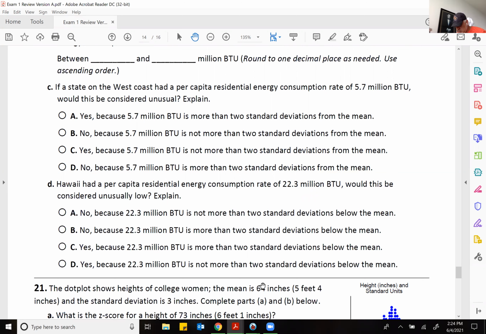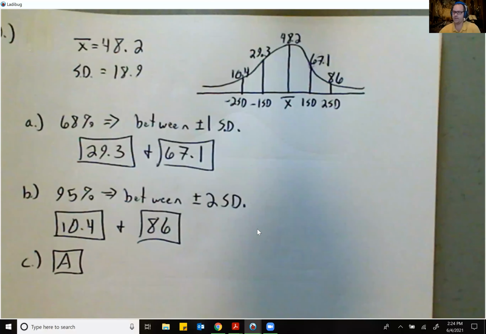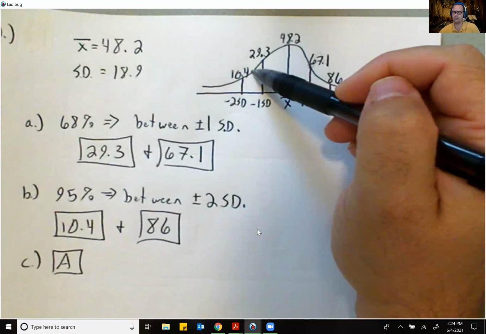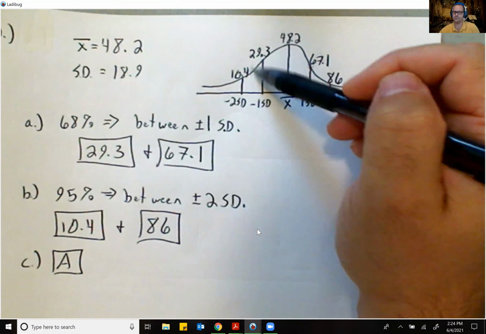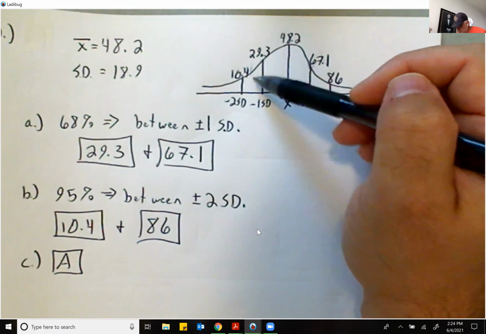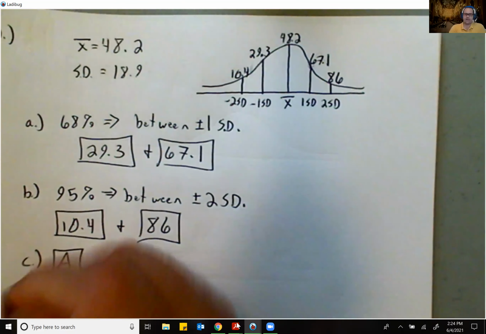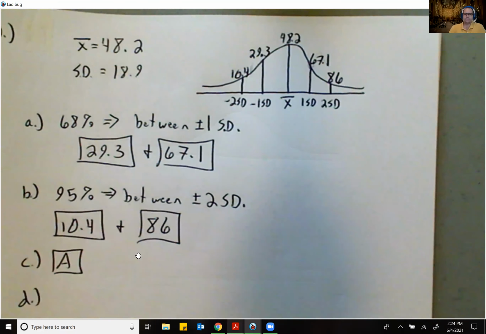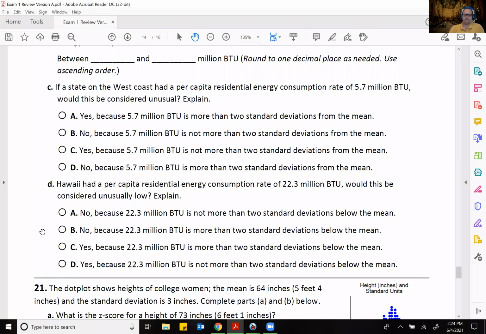No. No, because 22.3 is right up around in here. And is that more than 2 standard deviations? No. So it's not unusual. So which one do we select, A or B? It's A again. So it is no, because it is not more than 2 standard deviations.